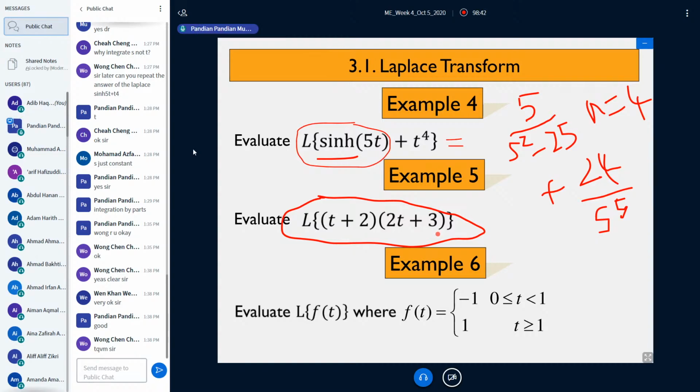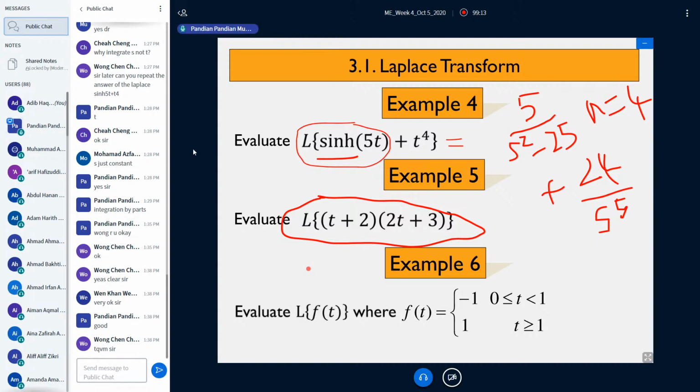So your Laplace will be 2t squared. Write down Laplace of 2t squared plus Laplace of 7t, and Laplace of 6. So Laplace of 2t squared is 2 Laplace of t squared, 2 factorial divided by s power 3, because your n is 2.